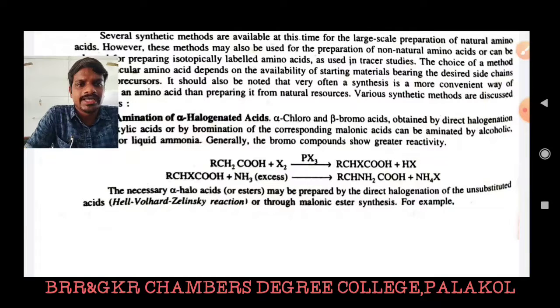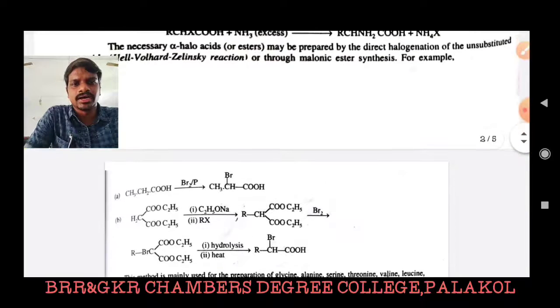Alpha halogenated acid is prepared by the direct halogenation of unsubstituted acid by using the Hell-Volhard-Zelinsky reaction. It is simply called the HVZ reaction. In the HVZ reaction, carboxylic acids are treated with bromine and red phosphorus. We get alpha halogenated carboxylic acid.